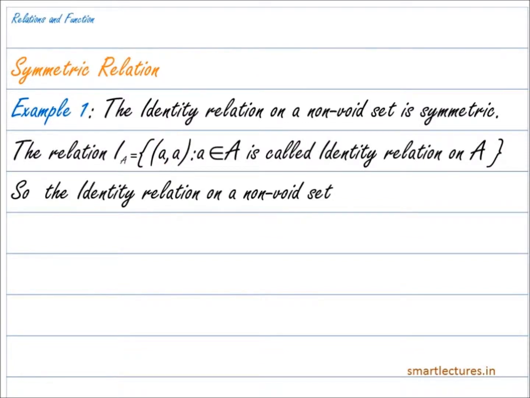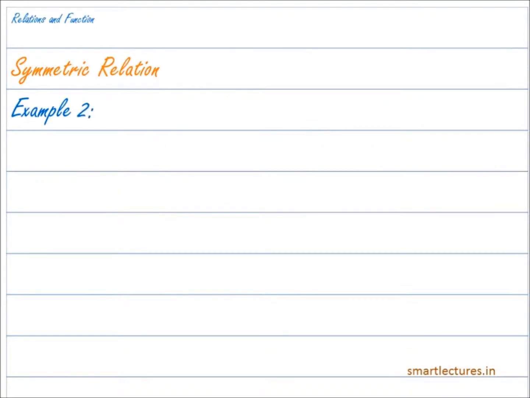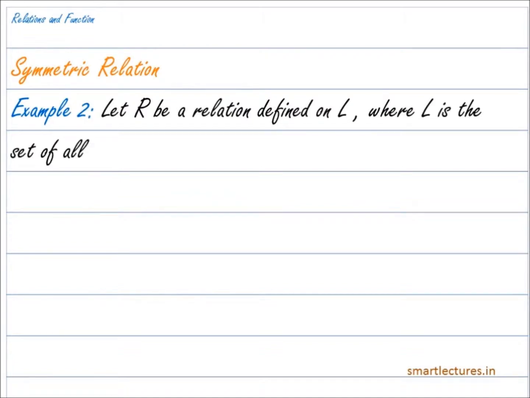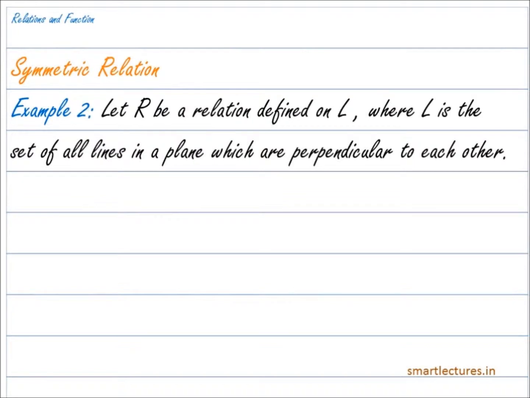Now let's take one more example. Let R be a relation defined on L where L is the set of all lines in a plane which are perpendicular to each other. And R is defined as R is equal to the set of all (a,b) such that a is perpendicular to b, where a and b are lines on a plane.